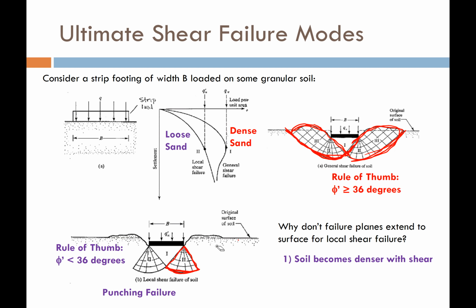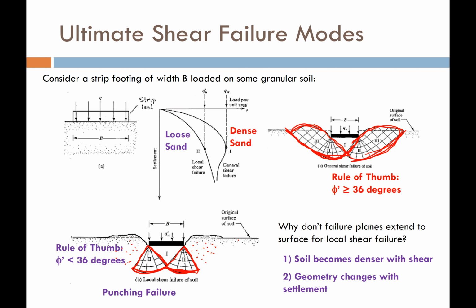In other words, there are enough voids in this soil that as these zones of soil are pushing, the void space can accommodate that movement, and it does not develop a shear plane that goes all the way to the ground surface. Also, the geometry of this shear plane will change with the settlement.